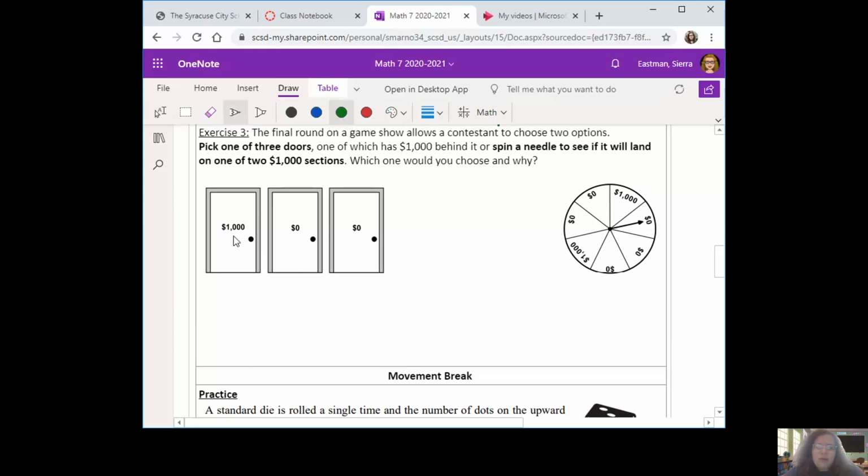For the doors, only one outcome has the money that you want out of 3 total outcomes. That is 0.33333 repeating, or about 33.3 repeating percent.